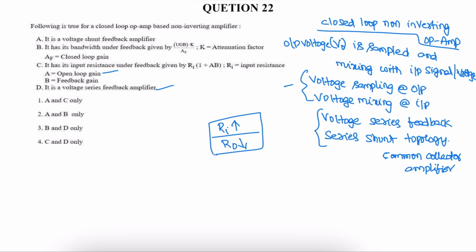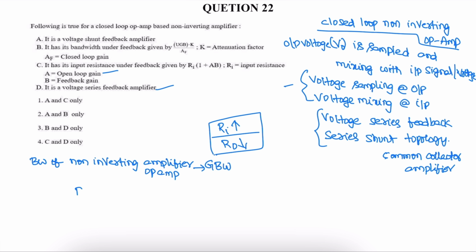Bandwidth of non-inverting amplifier can be determined by using gain bandwidth product. So the bandwidth of non-inverting op amp can be determined by using gain bandwidth product, which is constant for a given op amp.